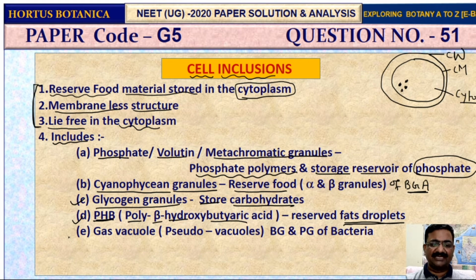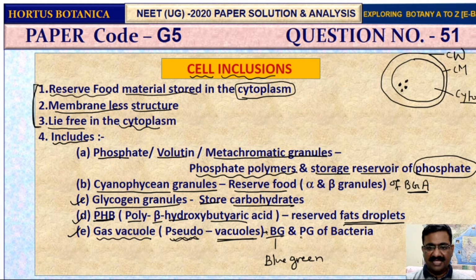Now the last one is that they may have the gas vacuole, also called pseudo vacuoles. Why pseudo vacuoles? Because of the absence of a membrane structure, having no particular structure, and they are very common in blue-green and purple bacteria.